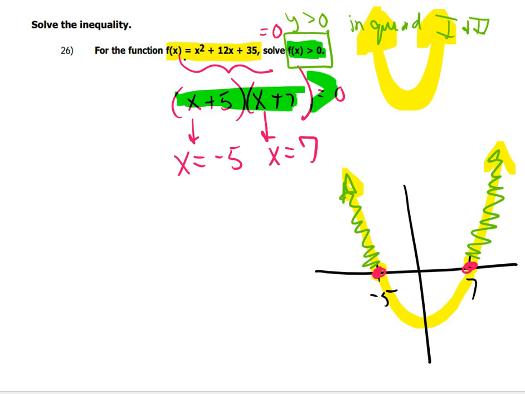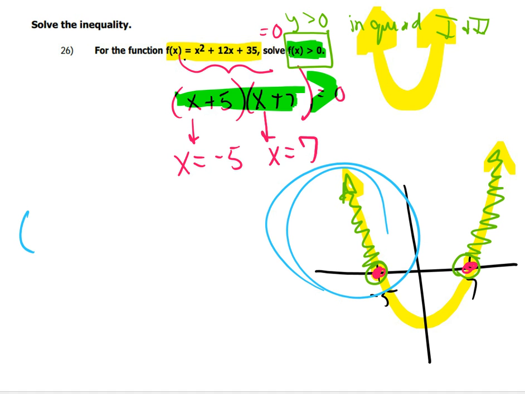Now it doesn't say equal to, so I cannot include these 2 points here. And the answer will be in interval notation. For the left side, this part here, it would be from -infinity up to the -5, but don't include it.